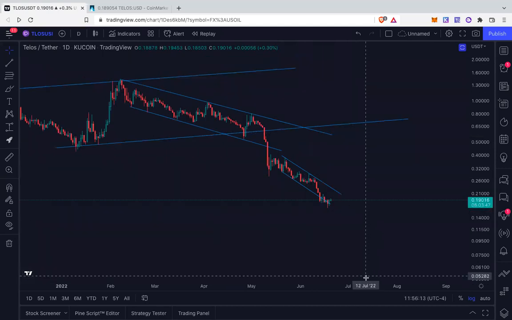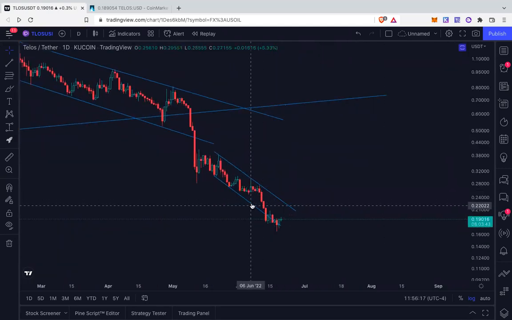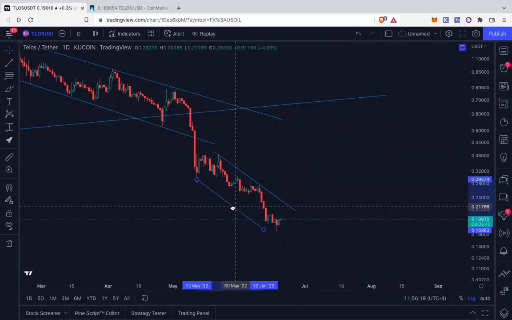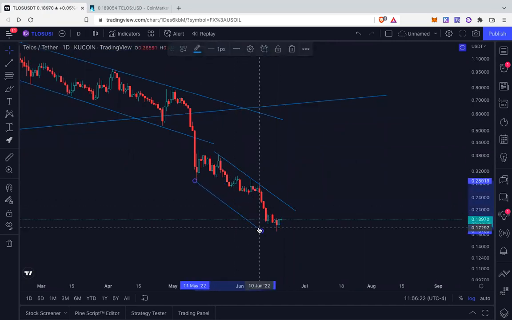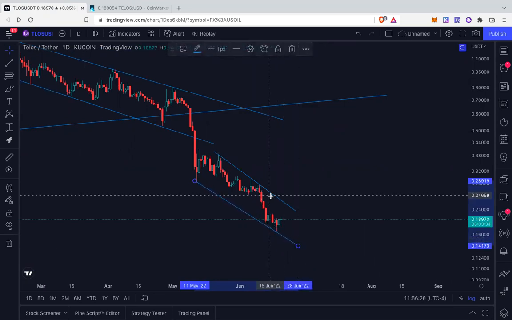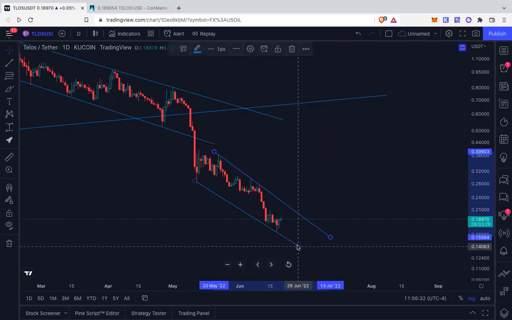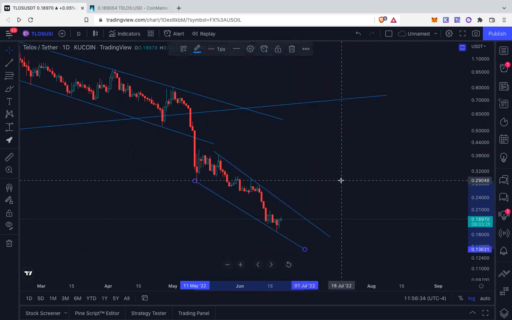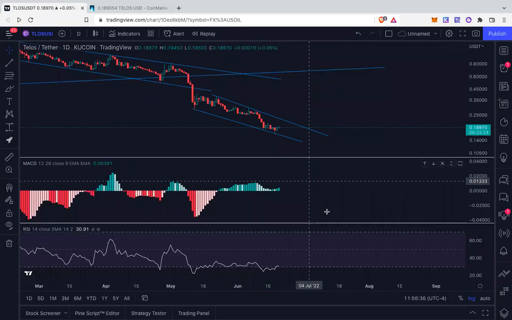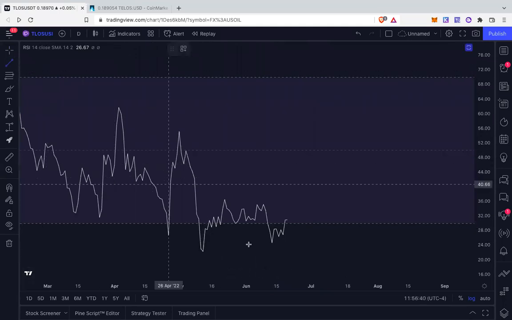I was looking at maybe you were developing a channel to the downside, a downsloping channel, something like this. Kind of seems valid as a pattern. And you do have that daily RSI bullish divergence.